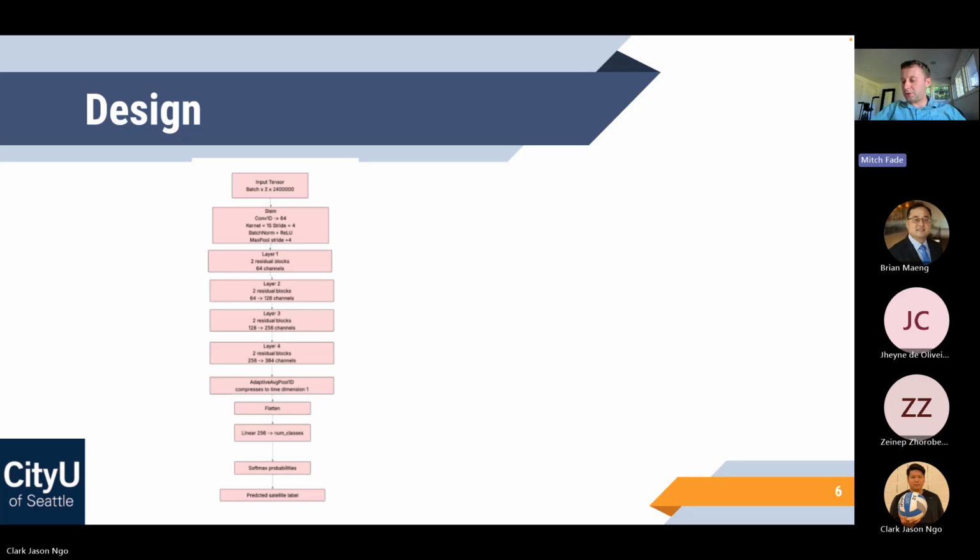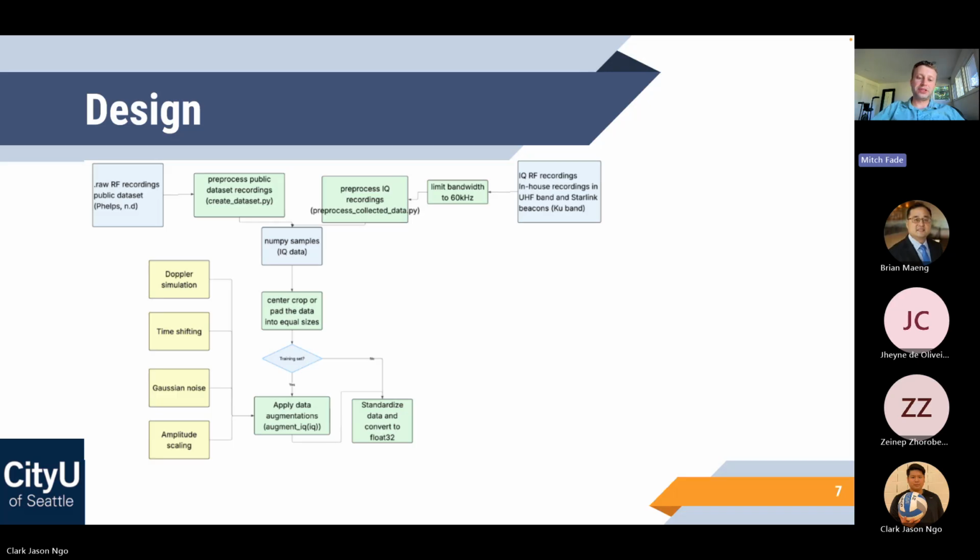The residual blocks add skip connections through the model that allow deeper training of the model to allow a larger neural network to be used. Next slide.